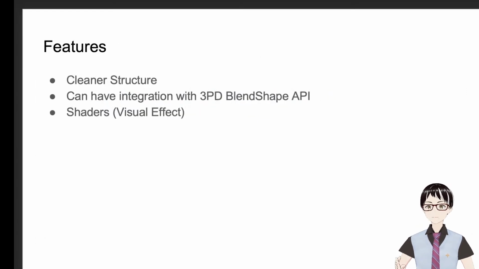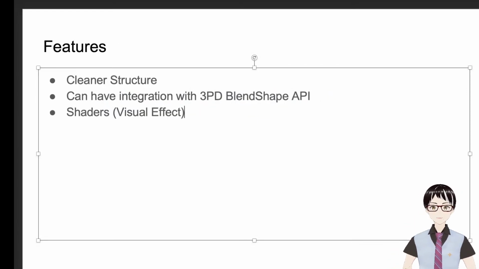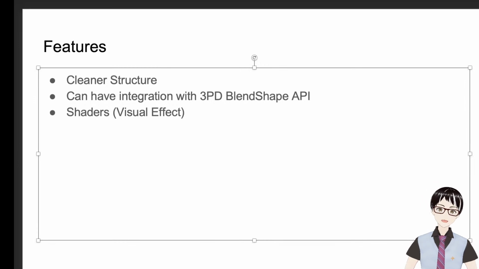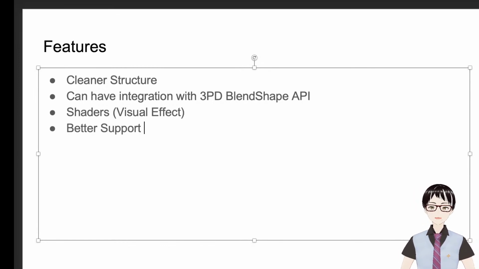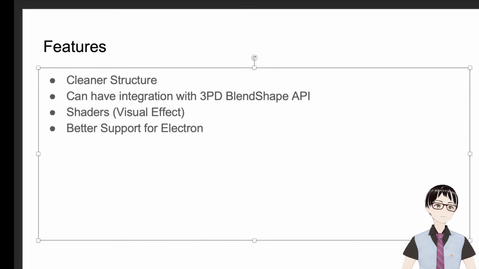Great. Okay, so let's get back. So cleaner structure, integration with 3D blendshape API, shader, and also better support for Electron. Right. So with better support, that sounds cool.